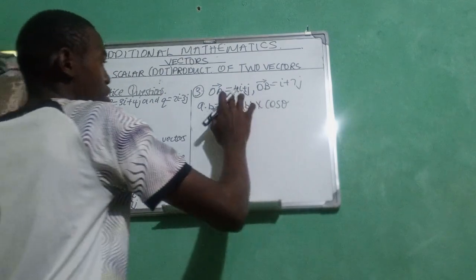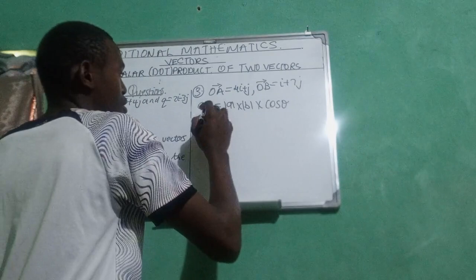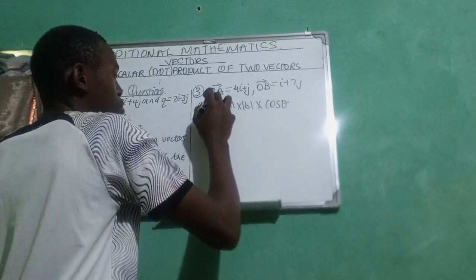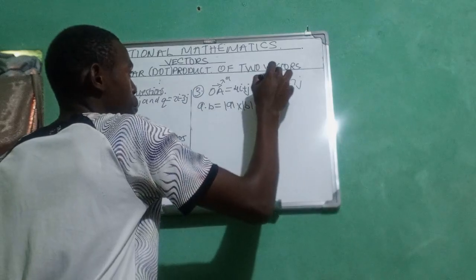The a dot b right here, we will just substitute. We can say a would be OA, so this would be our a, then this would be our b.